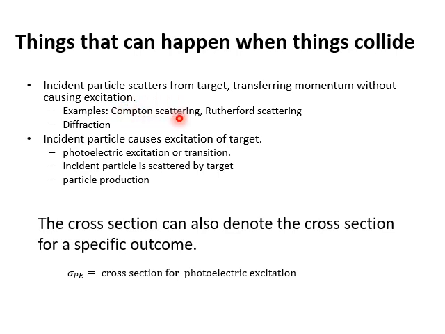Compton scattering is gamma rays scattering off of electrons, and Rutherford scattering is alpha particles scattering off of nuclei predominantly. Another thing that can happen is that it's still just scattering, but the effective wave of the incident particle scatters off of or interacts with the target particle, and we end up with a diffraction pattern.